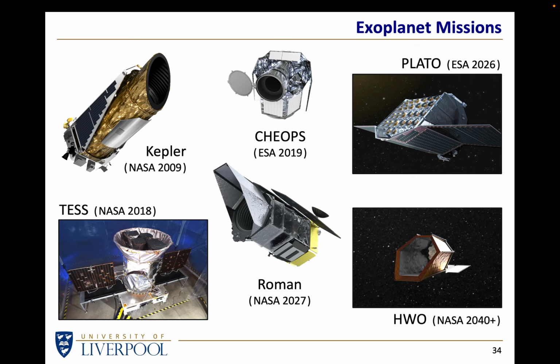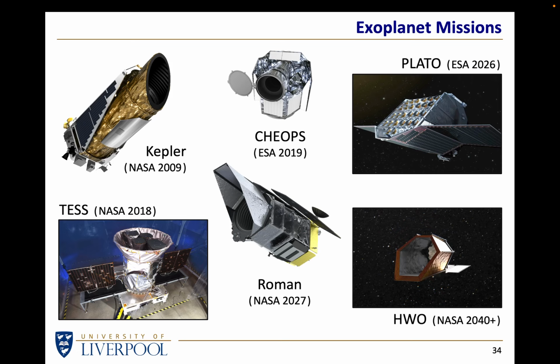And assuming a certain somebody doesn't cancel it, there will be a NASA mission in 2027 called the Nancy Grace Roman, or Roman for short, telescope, which will be launched, and a long way into the future, there might be a possibility of an HWO, a Habitable Worlds Observatory. In other words, a space telescope explicitly looking to study other Earths, but that won't be launched for many a year just yet.